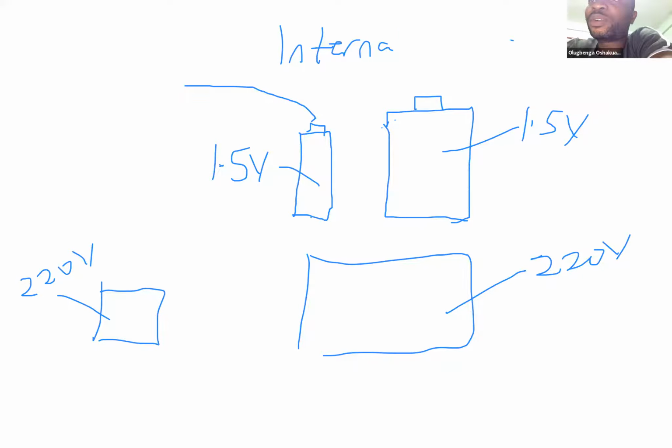A voltage source that has small internal resistance is said to be very efficient. In most of the circuits we'll be looking at, we will not talk about internal resistance; we'll assume the internal resistance is 0.